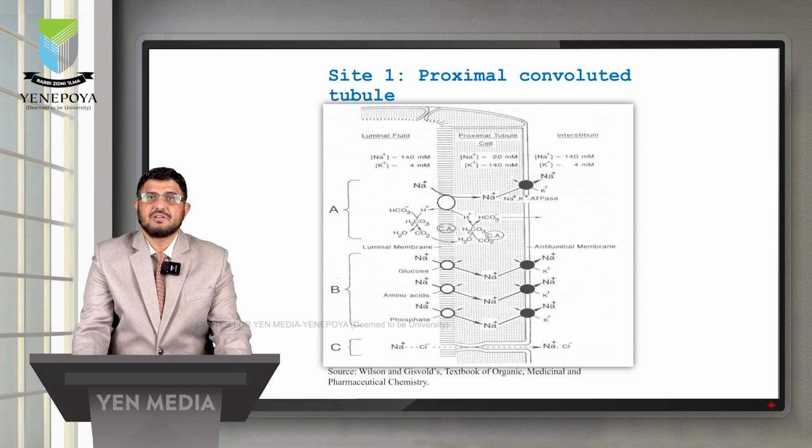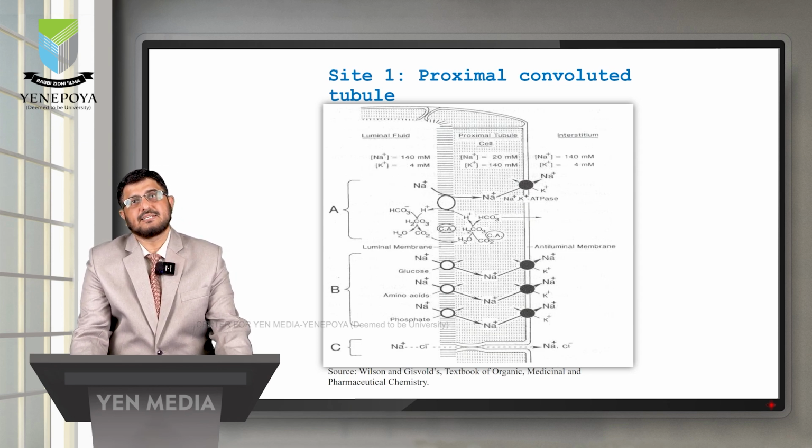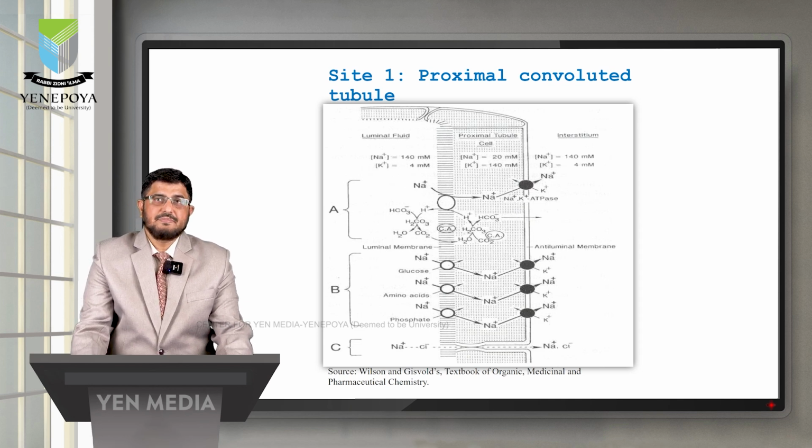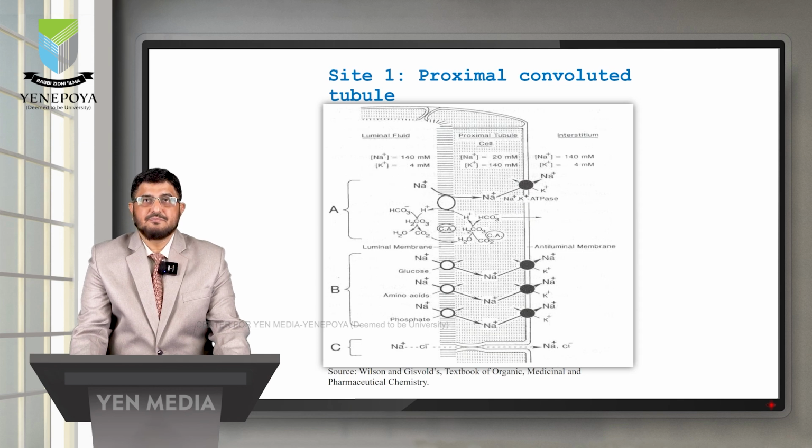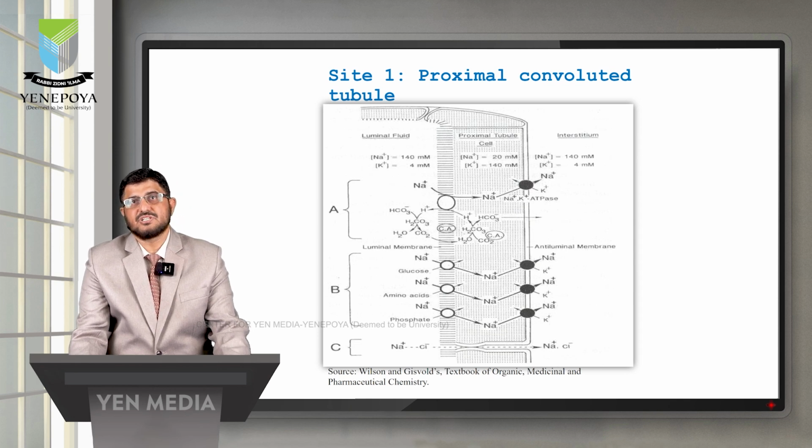In the luminal region, we find different proteins that play an important role and cannot move towards the basolateral side, they are present only at the luminal region. In the basolateral membrane, we find sodium potassium ATPases, which play another important role and cannot come to the lumen region, they are present only in the basolateral region.